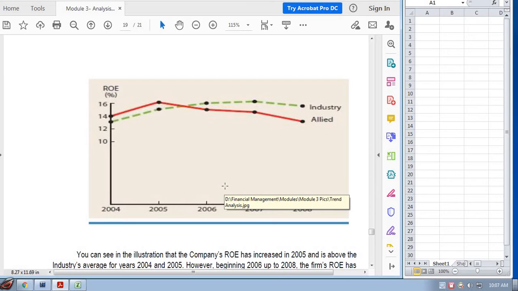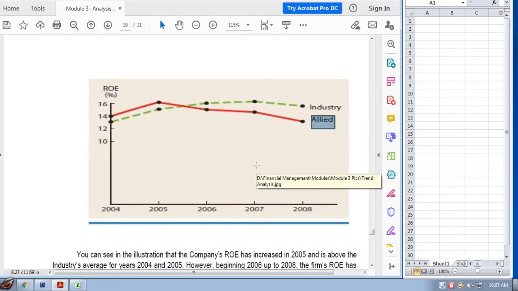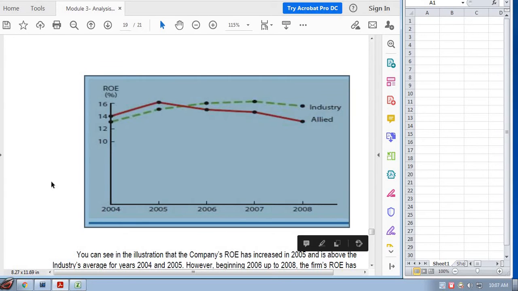Meaning to say, the operation of Allied Company has deteriorated or declined. So basically, the condition of Allied will also be affected. If this continues, then it depends. We will also check the income statement to see if it is gaining or losing, and then we can come up with a conclusion. But basically, based on this, if you are the investor, I would not be investing in Allied Company.